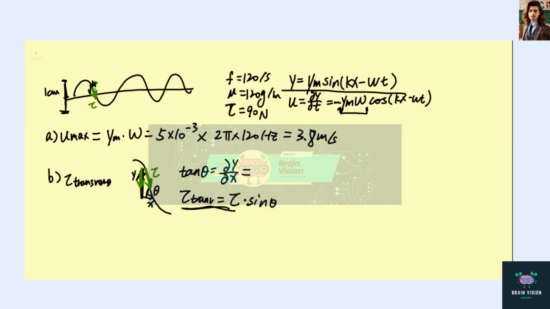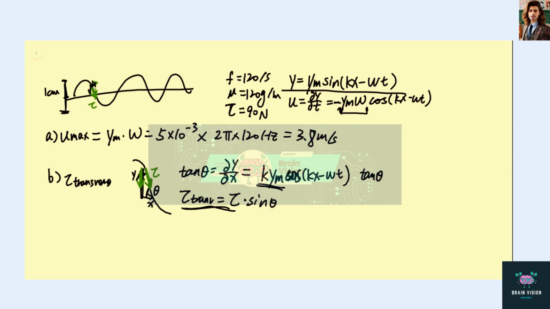If we take this derivative with respect to x, we get k times ym times cosine(kx minus omega t). So the maximum we could possibly obtain is k times ym.